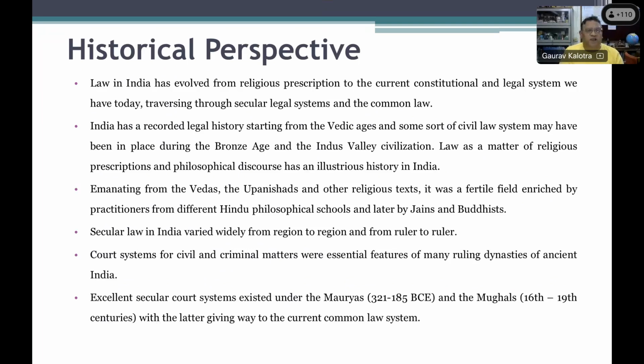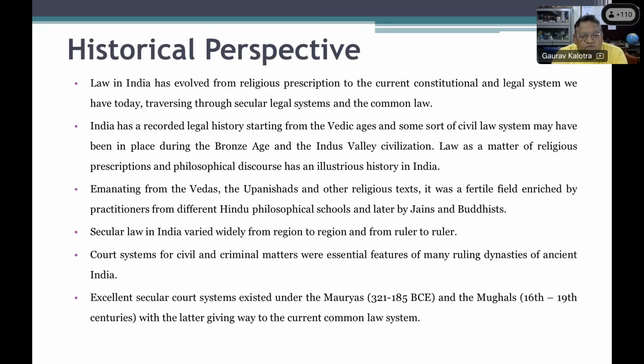Law as a matter of religious prescription and philosophical discourse has an illustrious history in India. Emanating from the Vedas, the Upanishads, and other religious texts, it was a fertile field enriched by practitioners from different Hindu philosophical schools and later by Jains and Buddhists.